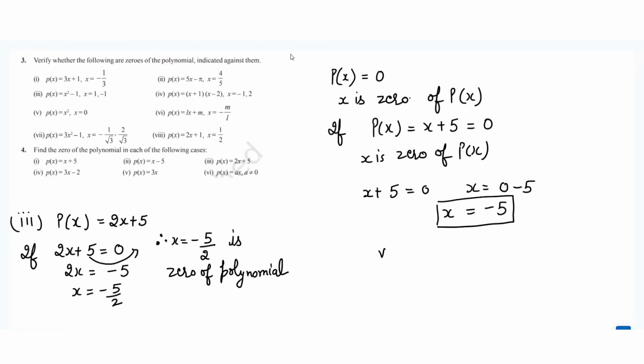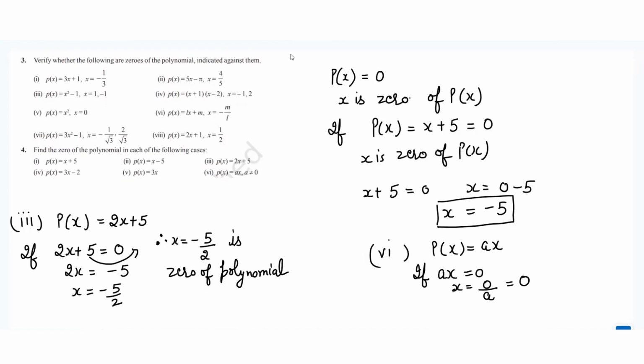Similarly, if I take the sixth part, where P(x) is equal to ax, we can say ax is equal to 0 if x is equal to 0 over a, which is equal to 0. Now why are we saying 0 over a is equal to 0?